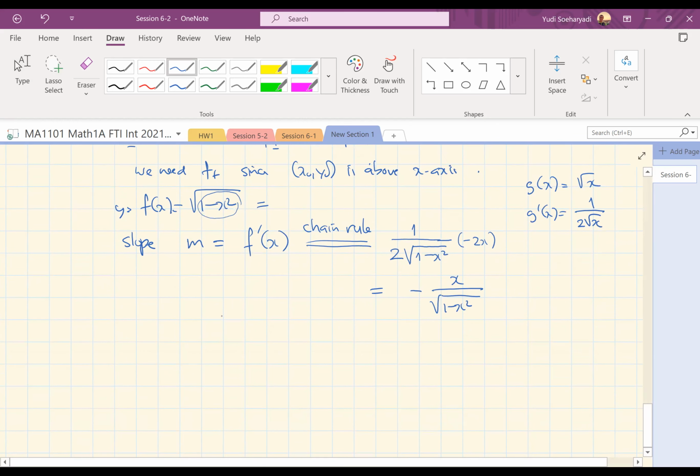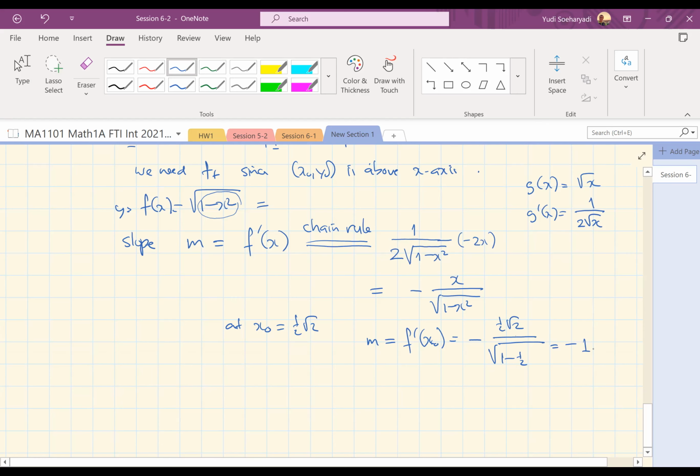Okay. So at x naught equals 1, just plug in this one. Minus square root of 2. This square becomes 1/2. Okay, so finally you get another one, square root of 1/2. This is square root of 1/2.